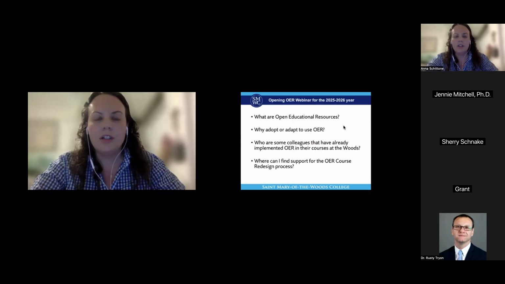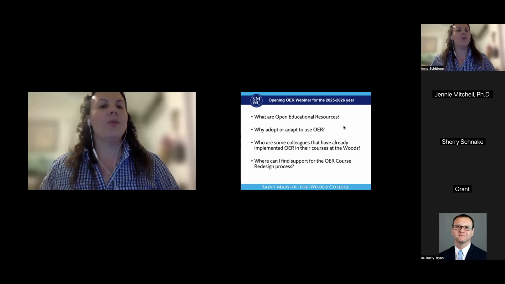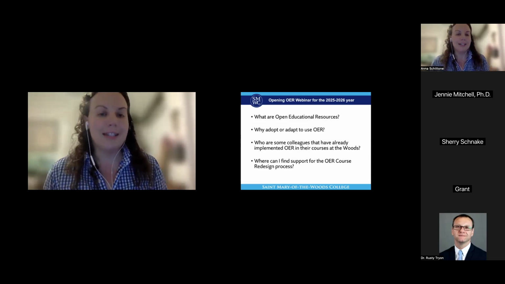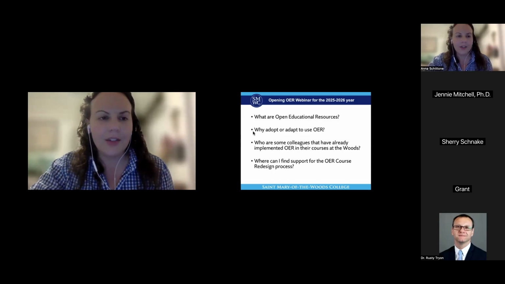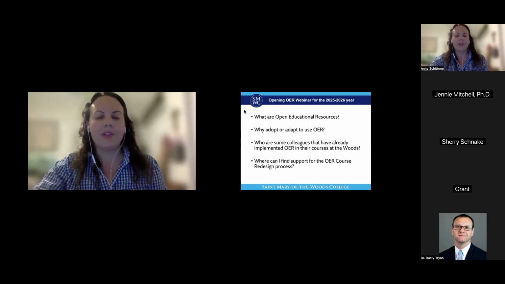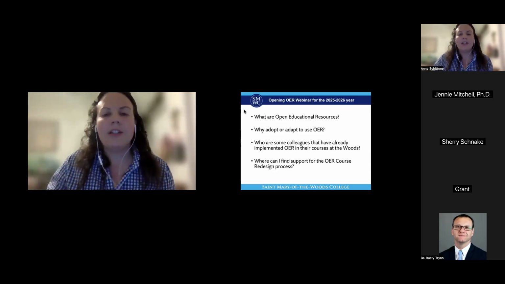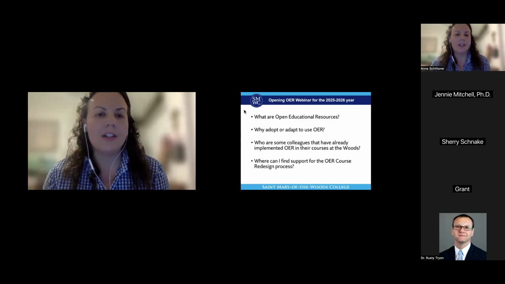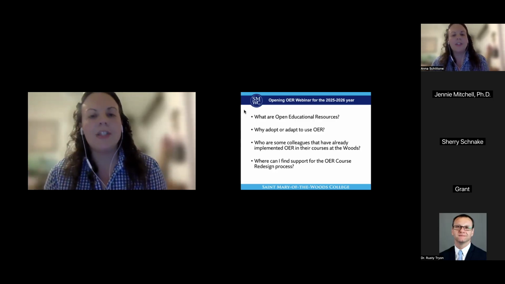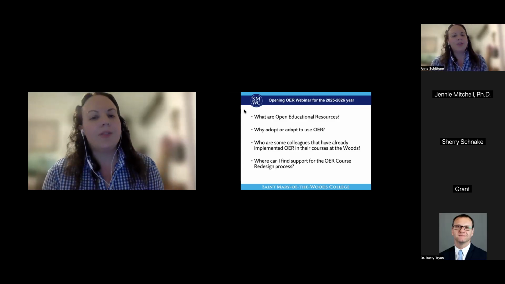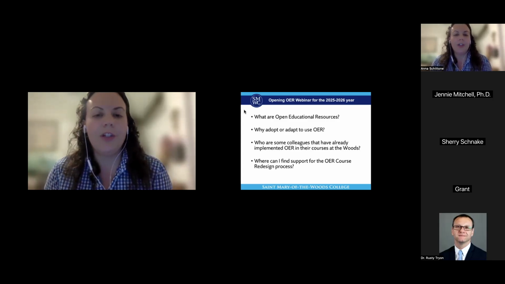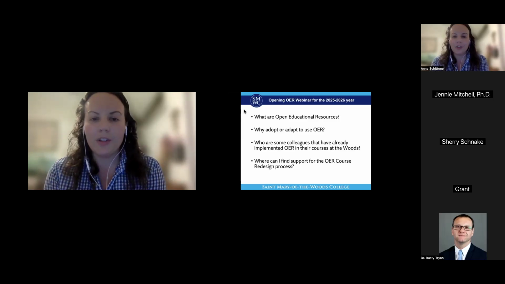So what are open educational resources? Why adopt or adapt to use OER? These are terms you'll hear in the open educational resources networks and groupings: the words adopt, adapt, redesign. I'll get into that a little bit. And then, who are some colleagues that have already implemented OER in their courses at the Woods?